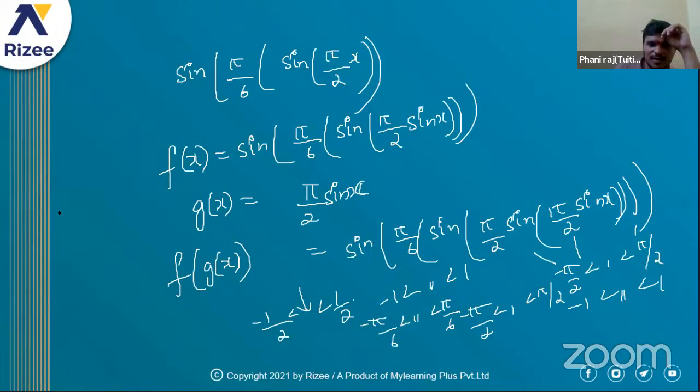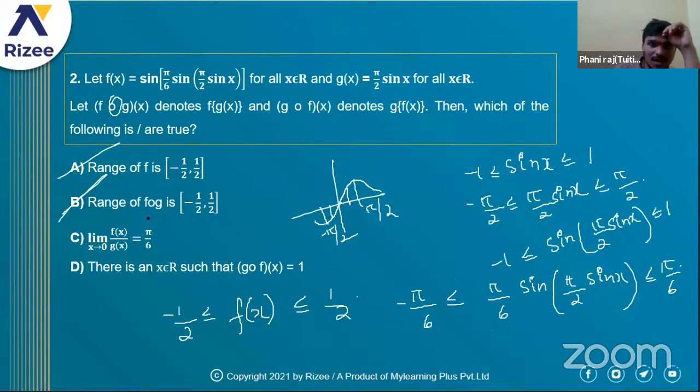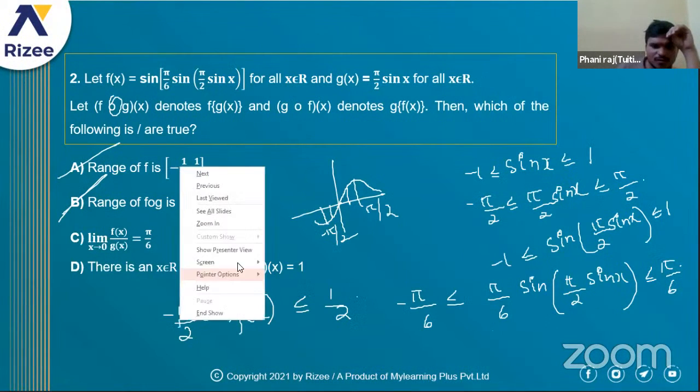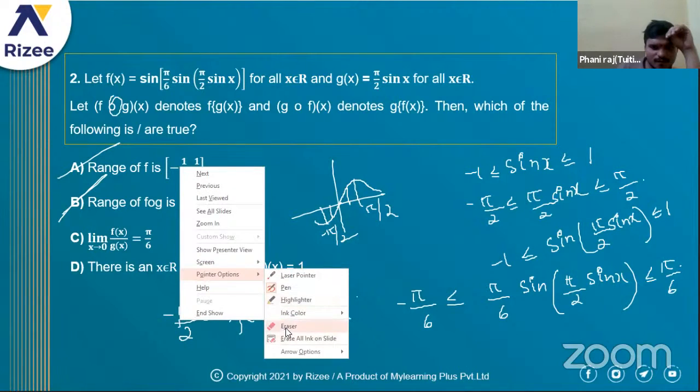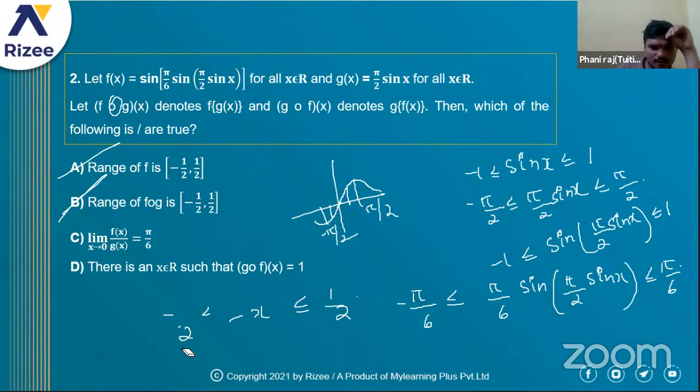So this comes. Next, limit x tends to 0, f of x by g of x equal to pi by 6. Let's try to solve this problem. Okay, what is f of x by g of x?